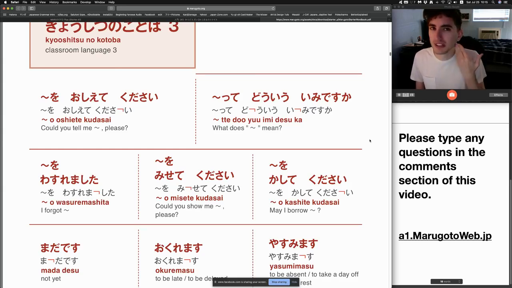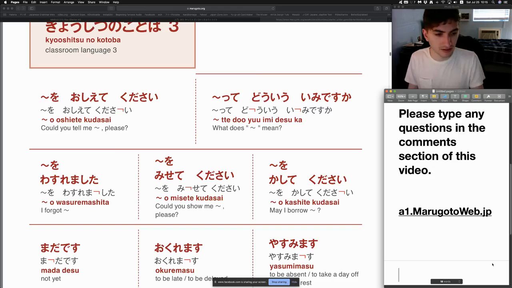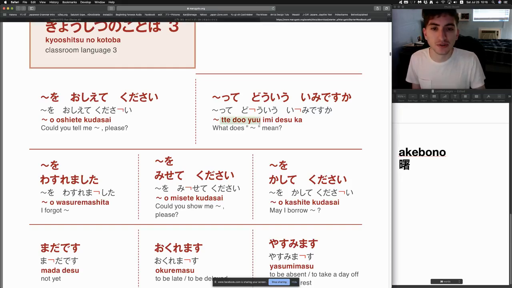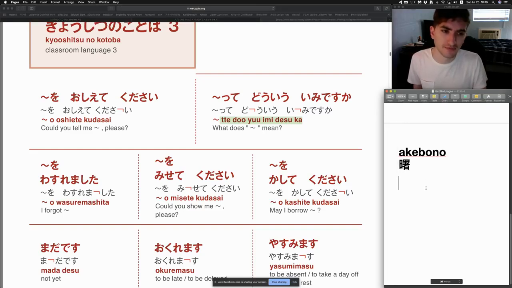If you hear a Japanese word and you don't know what it means, for example, let me give you the word akebono. Let me just make sure I'm spelling this correctly. Akebono, yeah. Akebono ってどういう意味ですか? This is a very useful phrase. What does akebono mean?